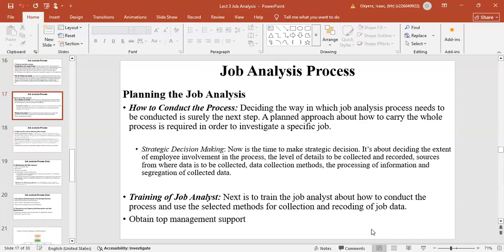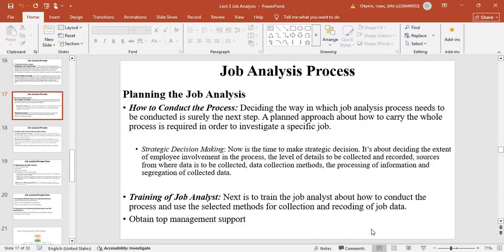In the first step, planning the job analysis, you have to decide ways in which you want the job analysis to be conducted. We have different types. You decide on the type of job analysis that you are going to perform. You decide on the person who is going to perform the job analysis.